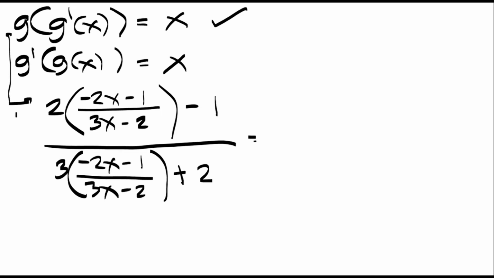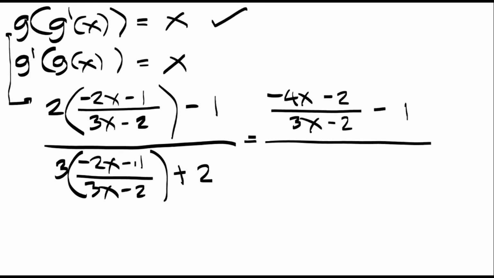So let us simplify this. Here we have 2 times this one, which will be negative 4x minus 2, all over 3x minus 2, minus 1 all over, multiply this by 3, so we have negative 6x minus 3 all over 3x minus 2, then we have plus 2.